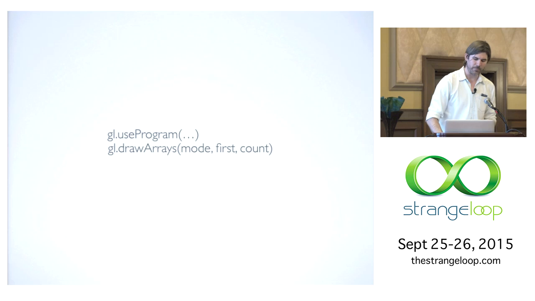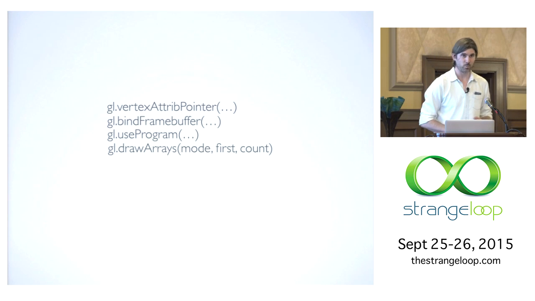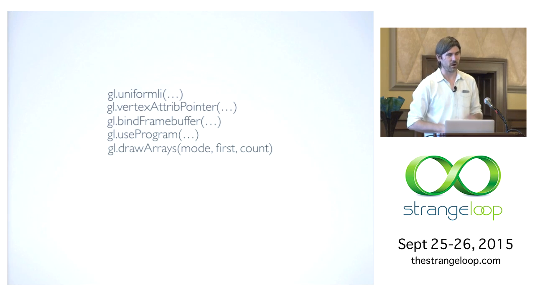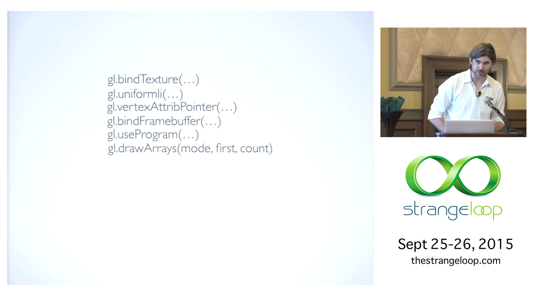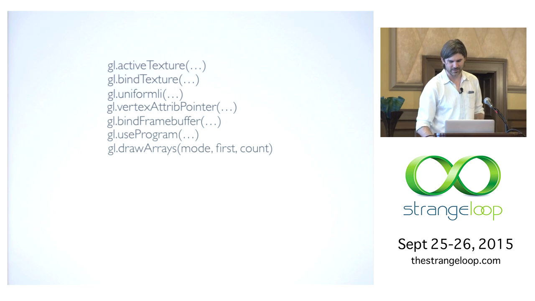You have to set the program. Have to set the frame buffer. Have to set which vertex attributes point to which array buffers, and there could be a bunch of them. You have to set all the uniforms. If you're using textures, you have to bind the texture. If you want to bind the texture, you have to set the active texture. There's just this huge pile of implicit state.